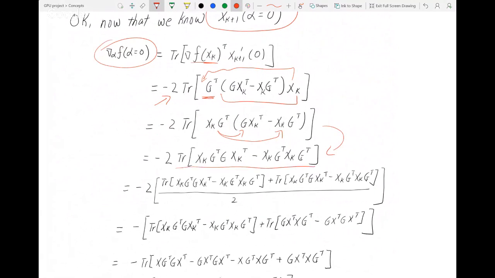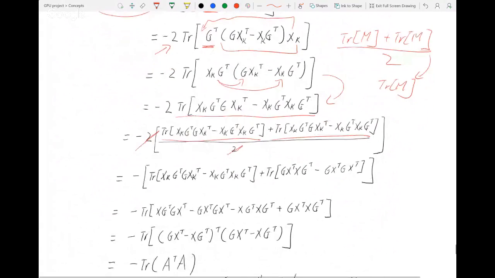We have a trace term, trace of, let's say, some M. I'm going to do this: trace plus trace of M divided by 2, which is the same as trace of M. But it's a math trick that I'm going to do. So you see, trace plus itself. Now the 2 is going to cancel out.